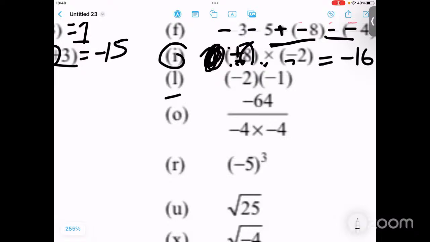How are we going to calculate for this one? Since it's negative and negative, it's gonna be positive, and 2 times 1 is 2. So the answer is gonna be 2.